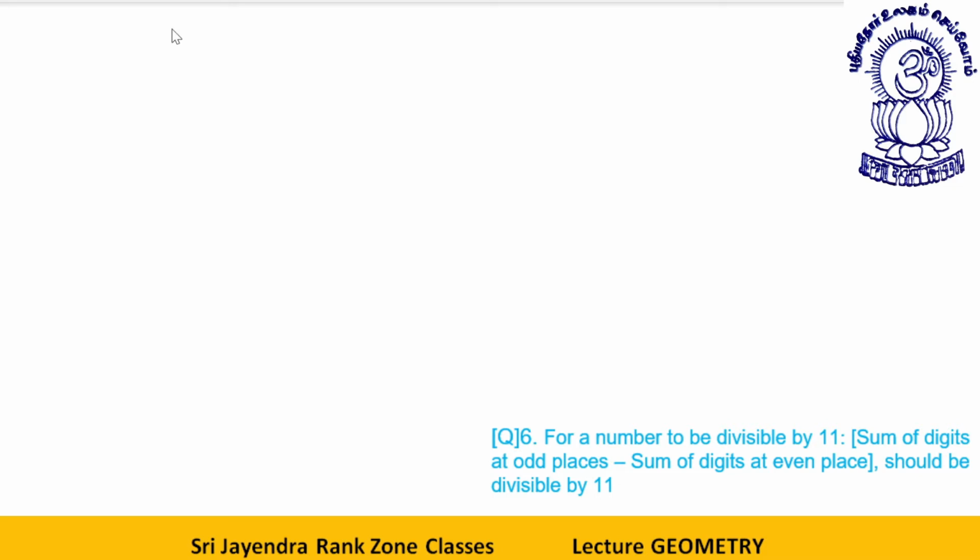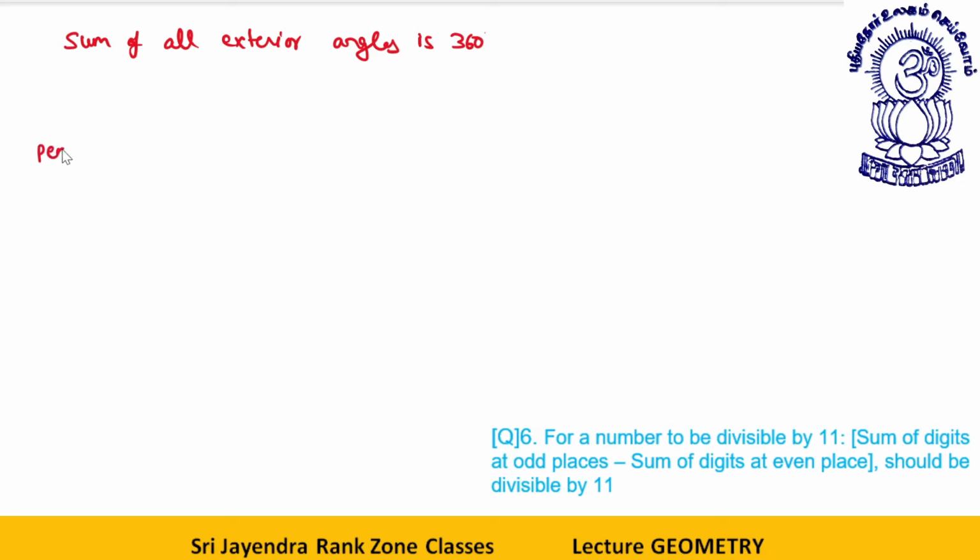How many exterior angles are there? The sum of all exterior angles is 360 degrees.